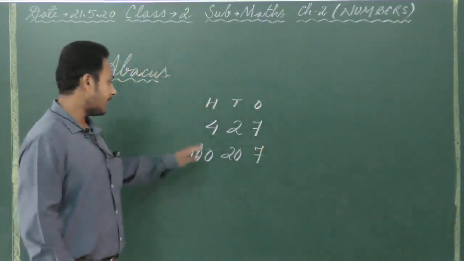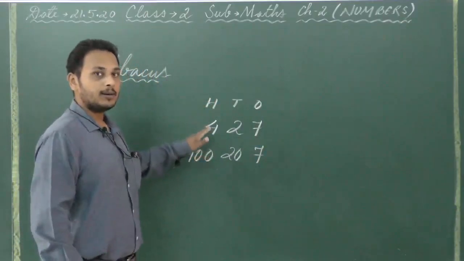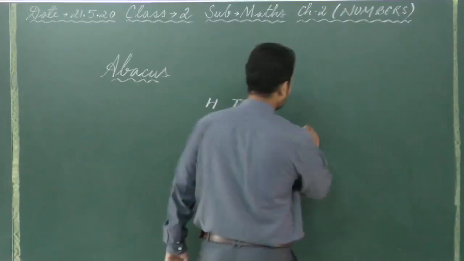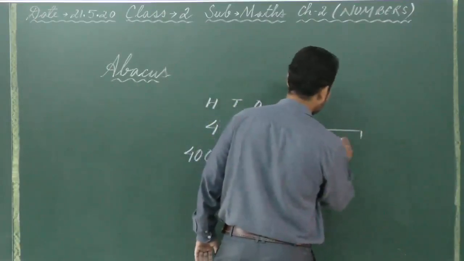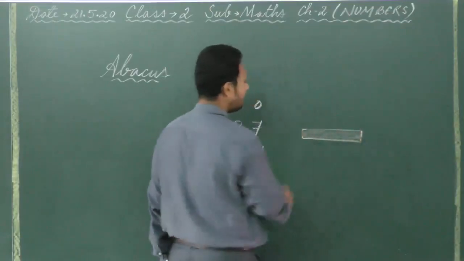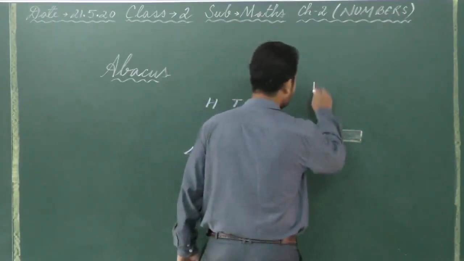Okay, but in abacus what are we going to do? It is a bit different. Okay, now you make a diagram like this just to understand. Okay, we have a base over here with 3 lines on it.